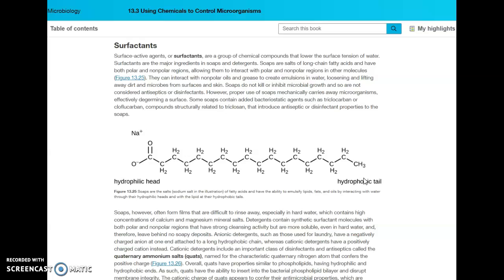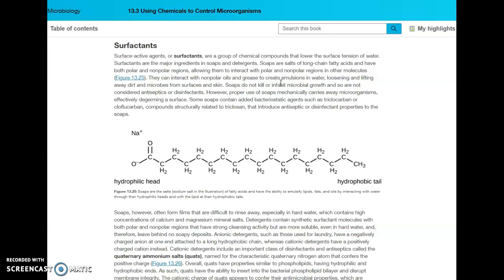So essentially we get some interactions between these different areas of the molecule with the compounds that are in our clothes or on our hands, and this creates emulsions. And this lifts away the dirt, lifts away the microbes from surfaces and skin.